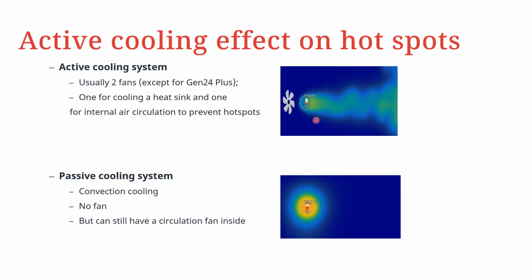So you can see from this illustration, we have about 13.4 degrees Celsius within the Fronius inverter that has an internal fan in addition to the heatsink cooling that is actively cooled. But when it comes to a passively cooled device, it relies on convection cooling and you have no external fan, though some of these passively cooled inverters could still have fans inside the inverter for air circulation.